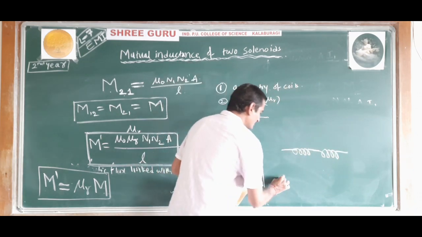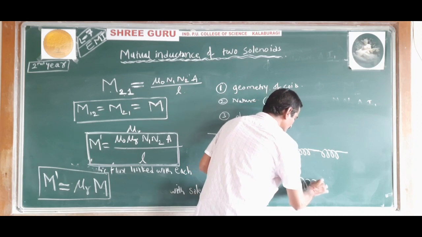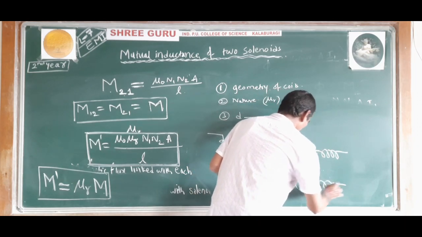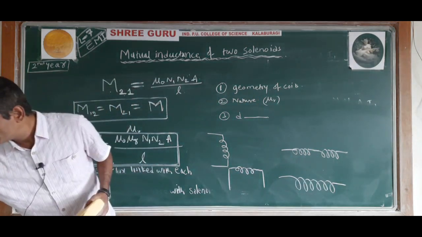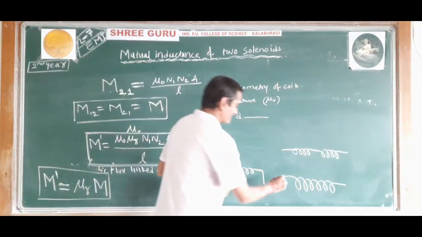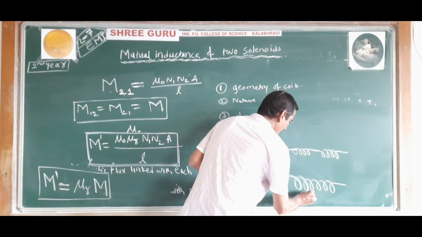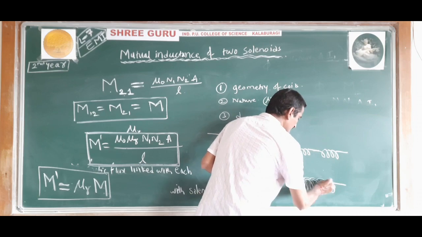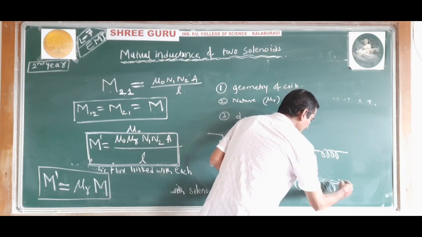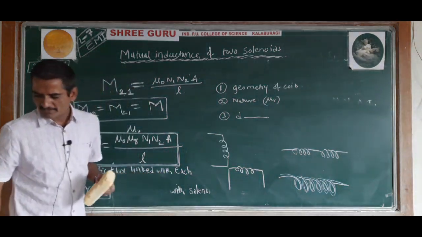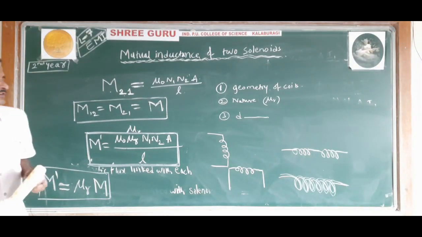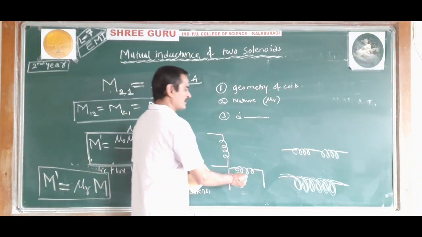And in another case, they are placed like this. So these are three different placings of two coils.